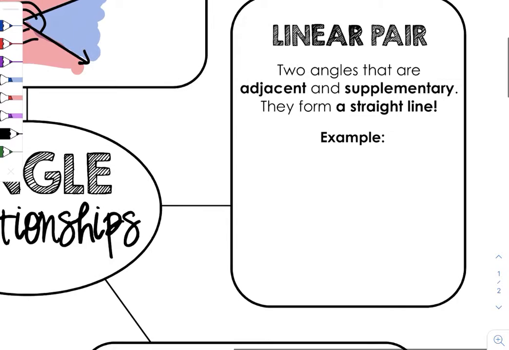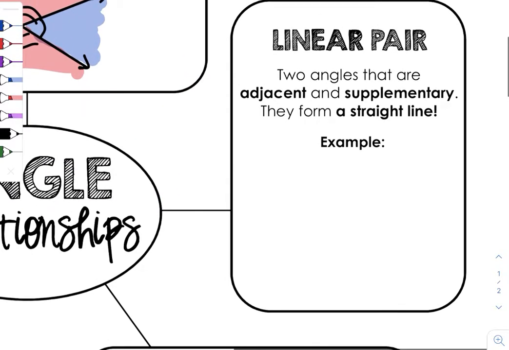All right, linear pair has to be both adjacent and supplementary. So supplementary, we're going to do next. They add up to 180 degrees. But in this case, a linear pair is going to be two angles that make up 180 degrees and are adjacent. So this is an example here.